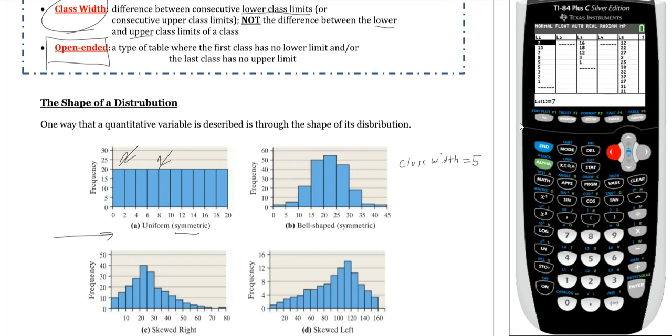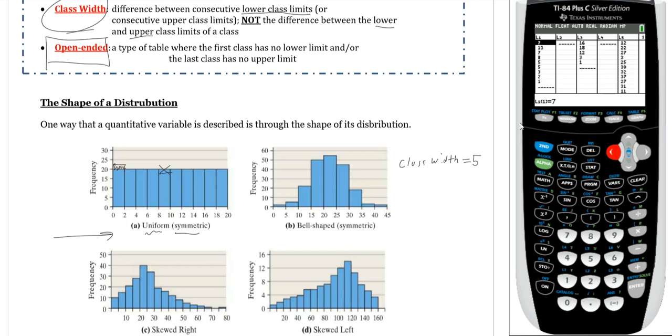But we say something is relatively uniform if it has this more or less plateau shape. If it's a little bit off, maybe one of these bars is a little bit higher than the other. So maybe this first bar is a little bit higher. This bar here is a little bit lower, so that top part doesn't exist. We can still say it's relatively uniform. It doesn't have to be perfect.